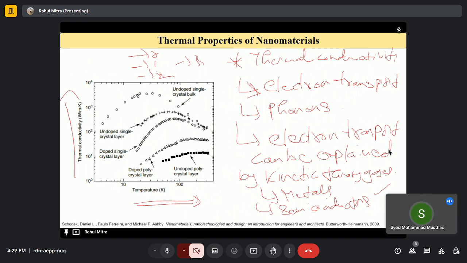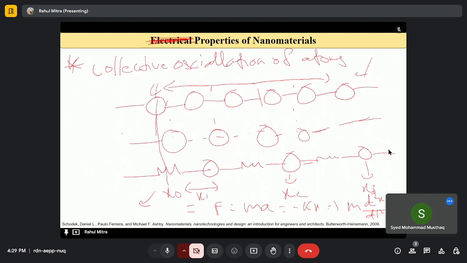Conductivity from phonons. Then what happens? As we know, the phonons are the collective oscillations of atoms. So, if I have a thin film, and if I have another thin film, 2 or 3 thin films, then what happens?